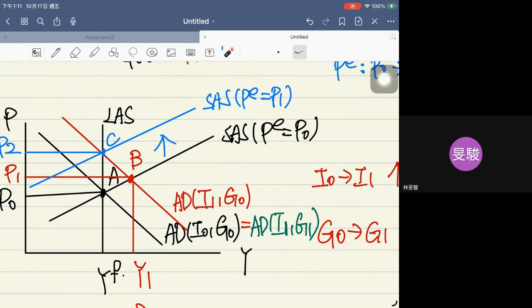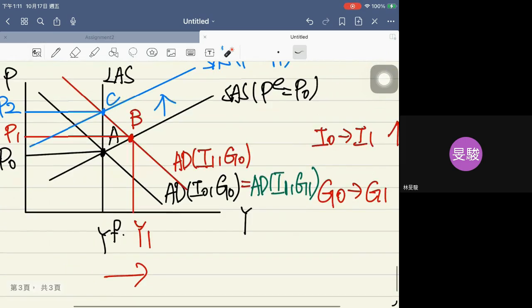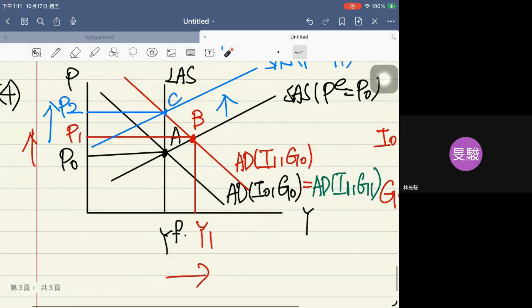In this equilibrium, the price level rises while output returns to its long-run equilibrium level. Okay, P2.